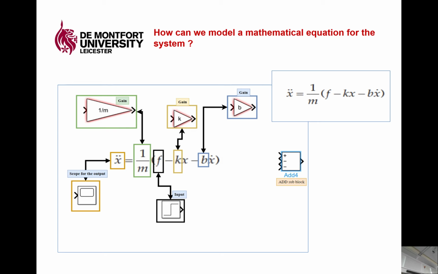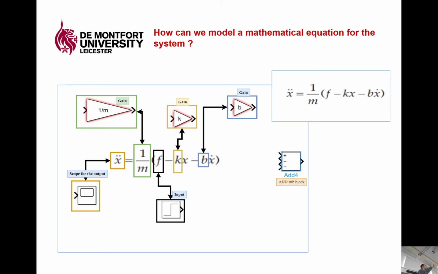However, a gain is something that doesn't change. For example, if the system is moving with a mass, can the mass change? No. So we model the mass, the stiffness of the spring, and the damper as gains, something that doesn't change over time. If and only if the parameter changes over time, that is another story.